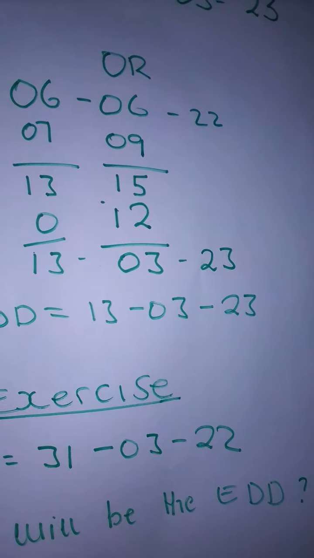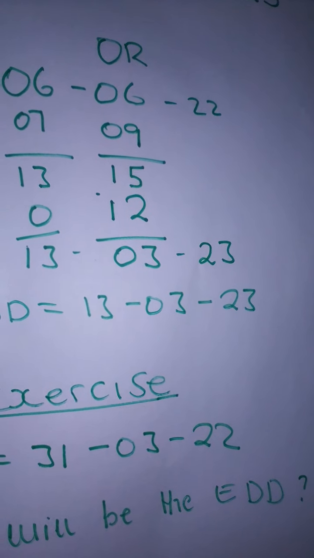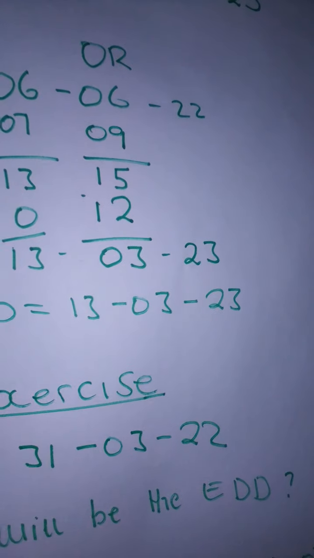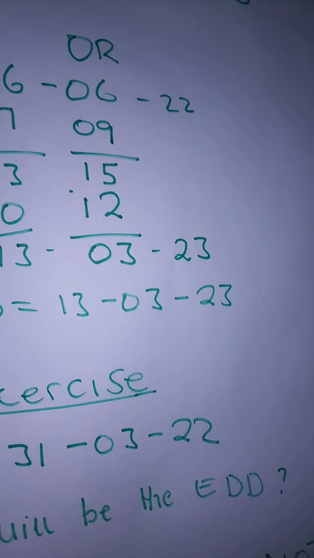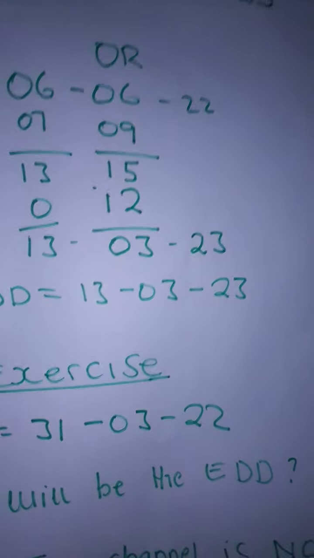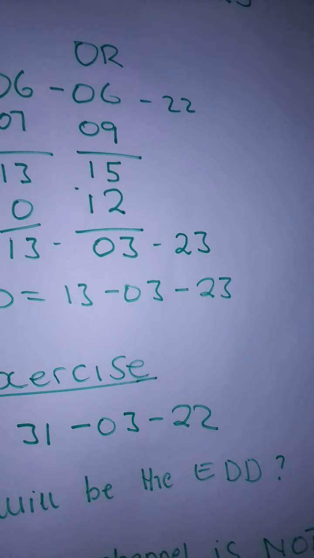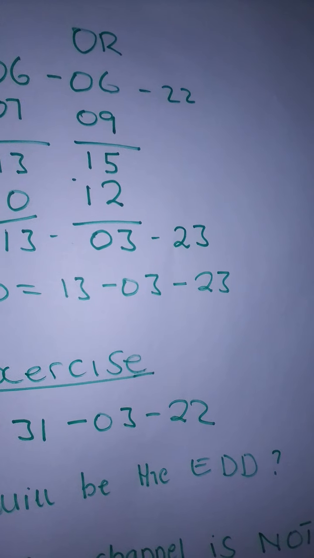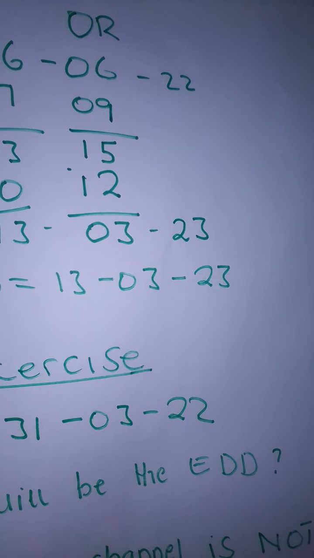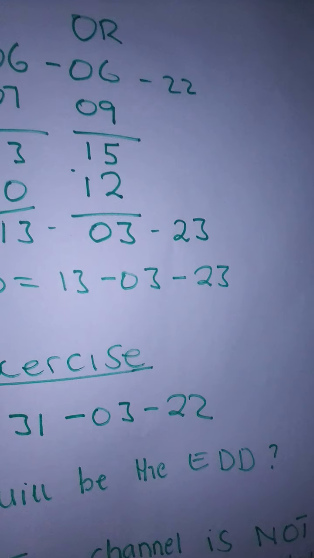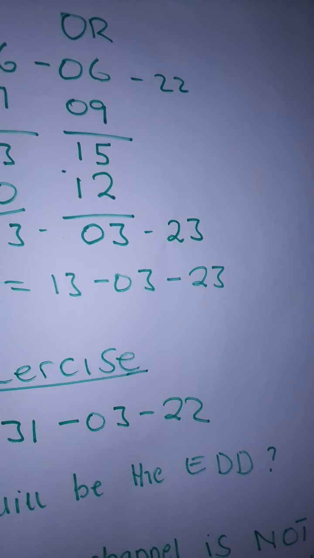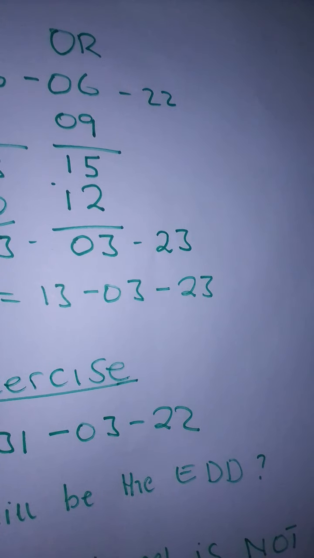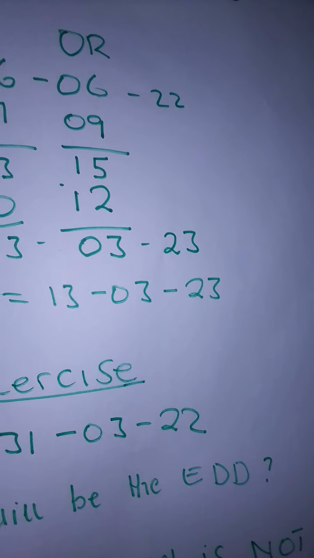So when we add 7 plus 6, it will give us 13. So our date will be 13. Then 6 plus 9 gives us 15. But remember, there are only 12 months in a year. So we are going to subtract 15 minus 12. 12 is equivalent to 1 year, so it will mean that we've subtracted 1 year.